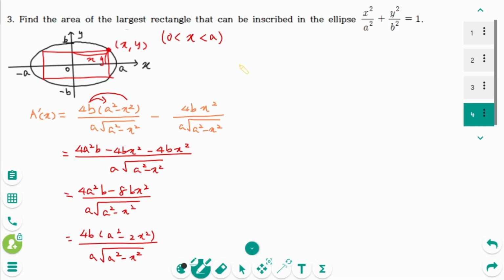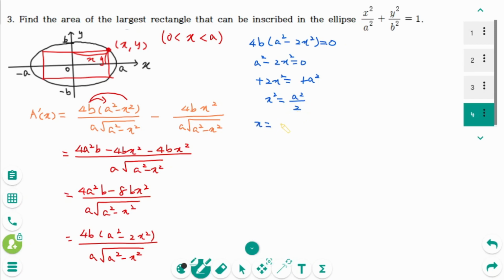To find the critical numbers, equate the derivative to 0. So 4b times a squared minus 2x squared equals 0. That means a squared minus 2x squared equals 0. Minus 2x squared equals minus a squared. Then make positive. Then x squared equals a squared over 2.